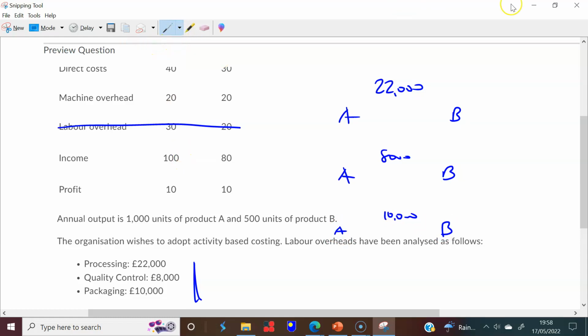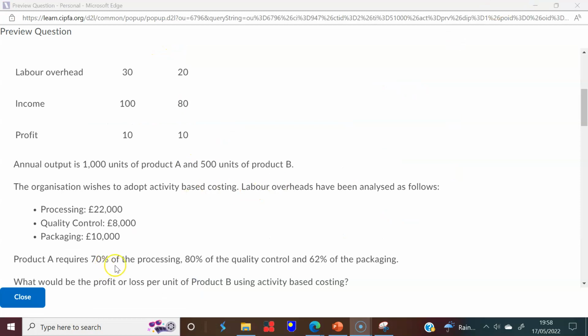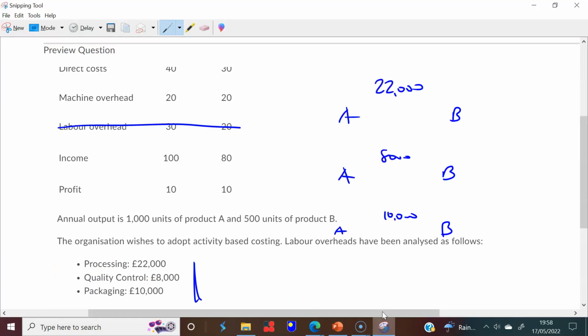It tells us that 70% of the processing goes to A. So let's come back here. 70% of this processing cost comes to A, so I will do 0.7 times 22,000. That's 15,400 to A. And of course, the rest will go to B, 6,600.